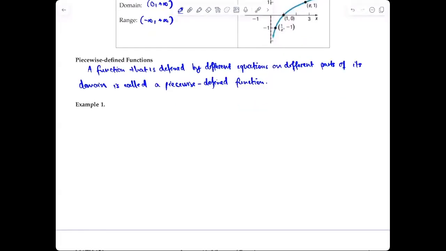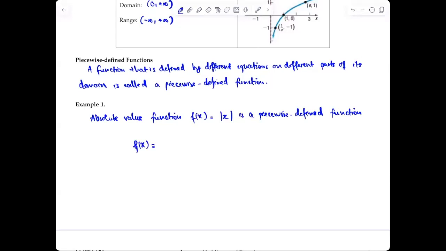All right, so example one, go back to the absolute value that we saw earlier. The absolute value is actually a piecewise defined function. So the absolute value function, f of x equal to absolute value of x, is a piecewise defined function. There are two parts to this.